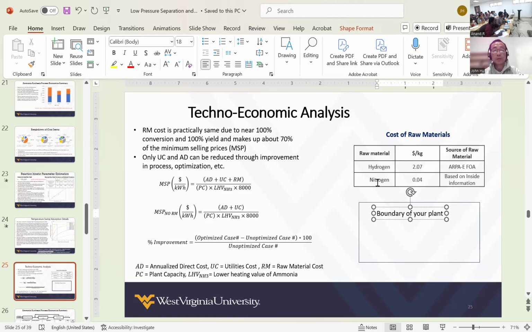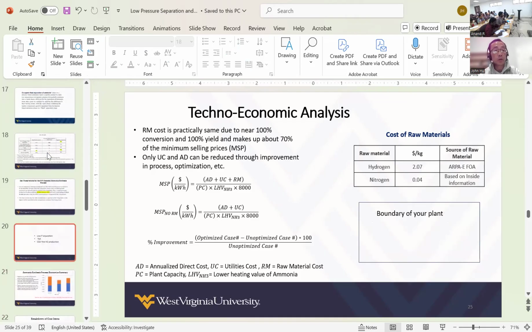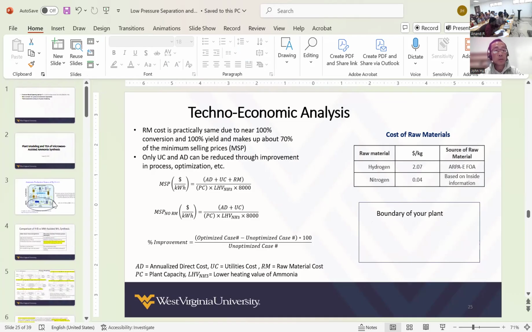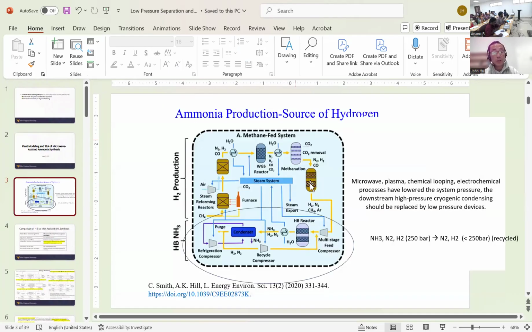Let's see the nitrogen and hydrogen. In the real world, the hydrogen is in your boundary. Your ammonia plant has to have a hydrogen production unit, and in your boundary you also have to have the air separation.